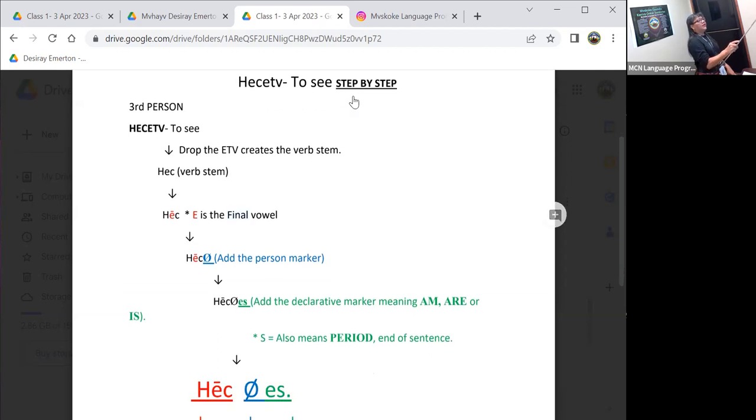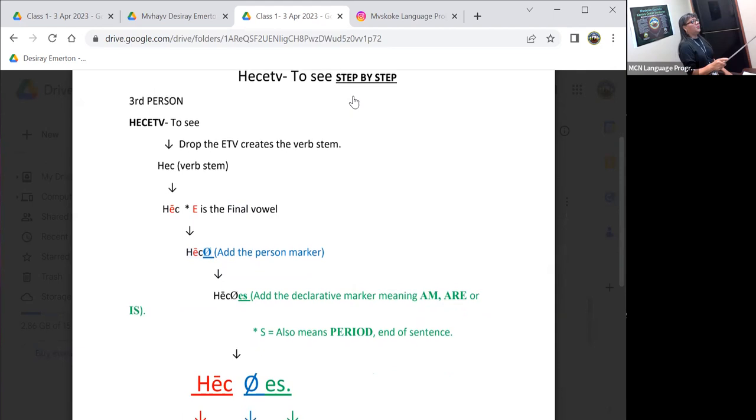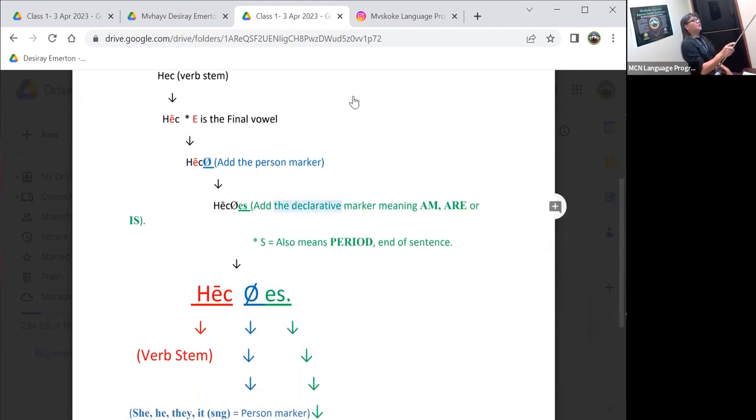E is the final vowel, you put the long mark over the E. You add your person marker, but like I said, third person has no marker, so you can put your placeholder in there. You can have this, or the parentheses, just for placeholder because we are doing step by step. Here you add the declarative ending marker, which is ES because the last letter is a C.